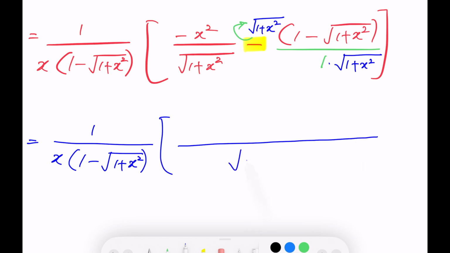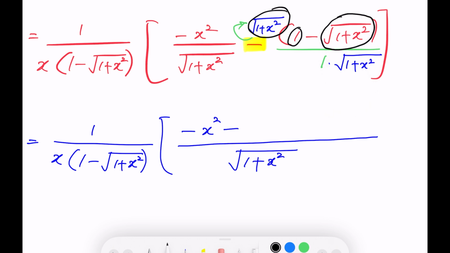Let me write down just one denominator, square root 1 plus x squared, and the first term is a negative x squared term, and that minus, I need to distribute this term square root 1 plus x squared into each of these two terms, and I shouldn't forget the negative symbol. So let me open another bracket so that I can distribute that negative symbol later. This negative symbol is written right here.